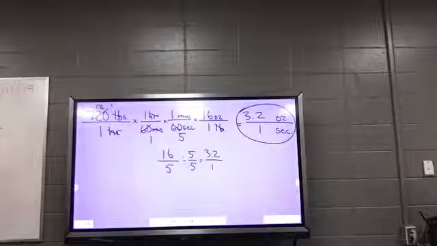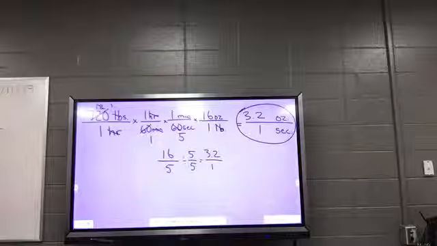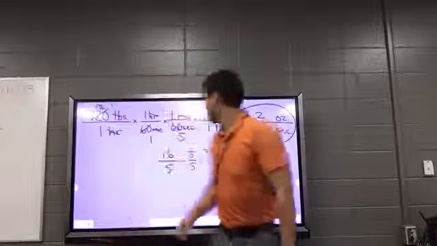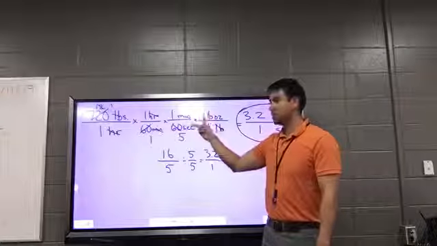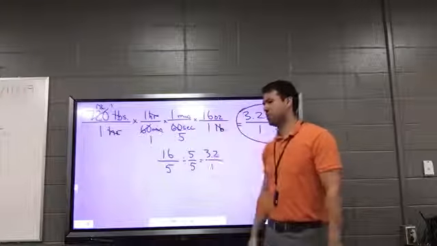Okay. Who should I go with first? Sydney. Go ahead. Does it matter in what order you cancel them out? No. I canceled it with the 16, but got a different answer.